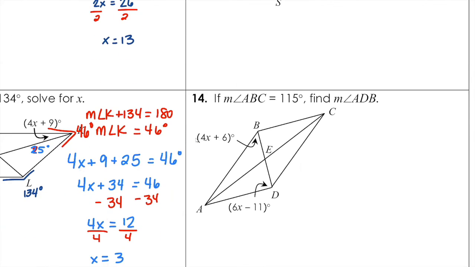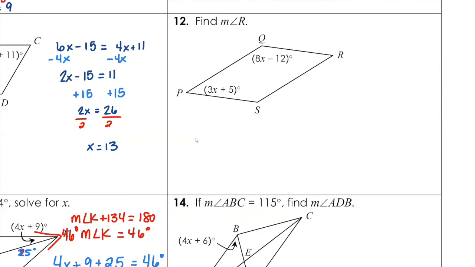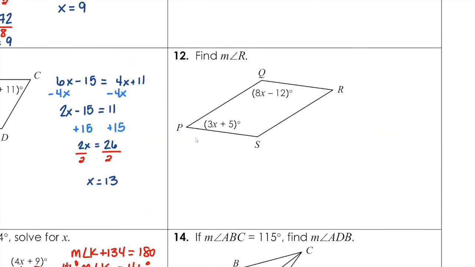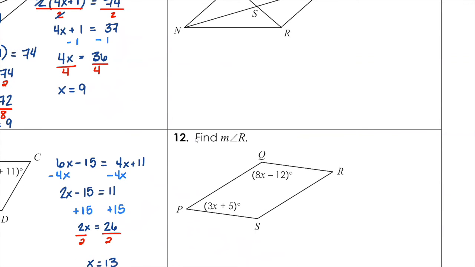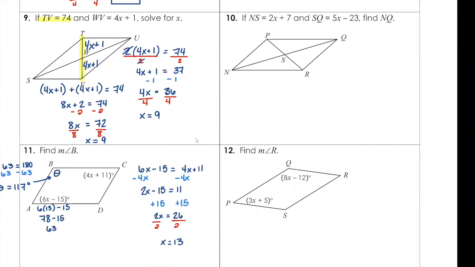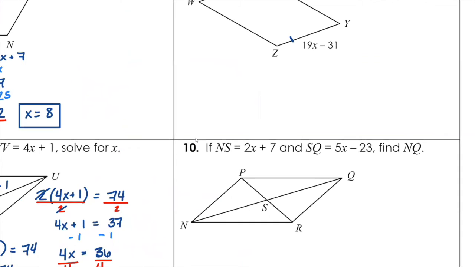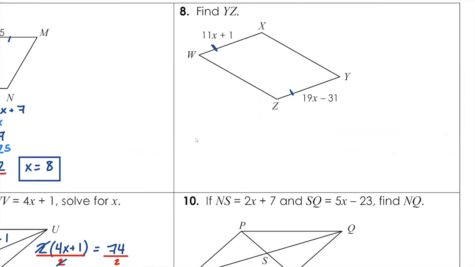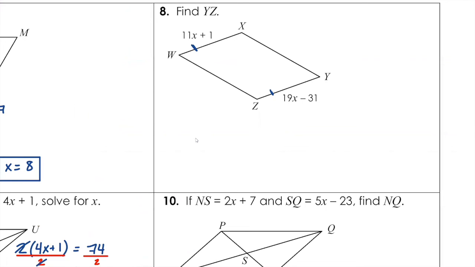Absolutely. My little box gets up there. So we've got 11x plus 1 equals 19x minus 31. We know those sides are congruent, so they must be equal to one another.